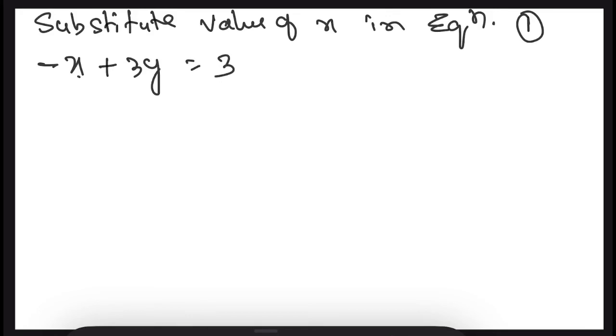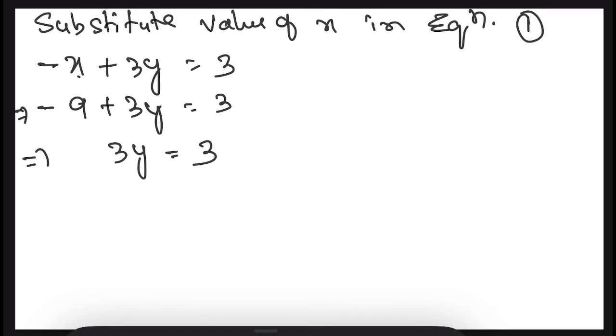So x is how much? X is 9, minus 9 plus 3y equals to 3. So 3y equals to 3. This minus 9 will come over here. Here it becomes what? Plus 9. Got it? What is become?